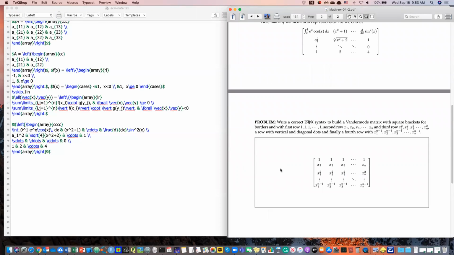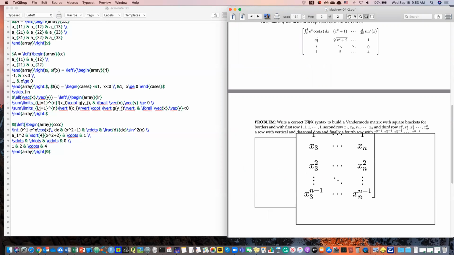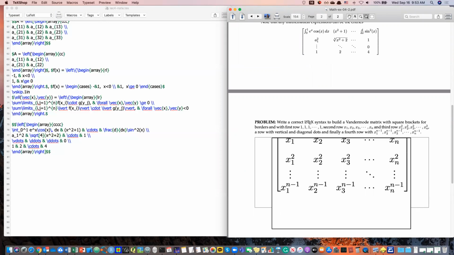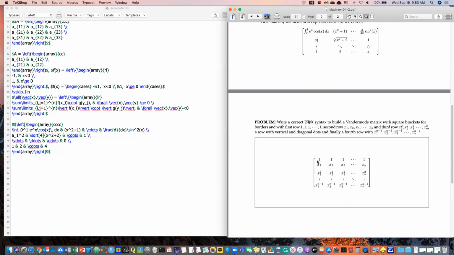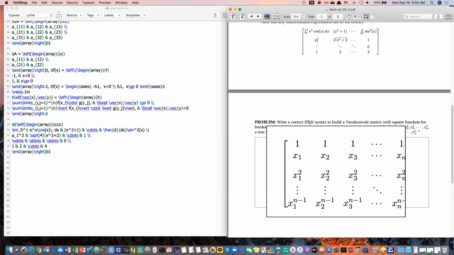Problem: the correct LaTeX syntax to build the Vandermonde matrix. This kind of matrix is called Vandermonde. So what is the Vandermonde matrix? What's the pattern of the entries? Each column, you see that here, the exponent degree is increased as the row is increased.